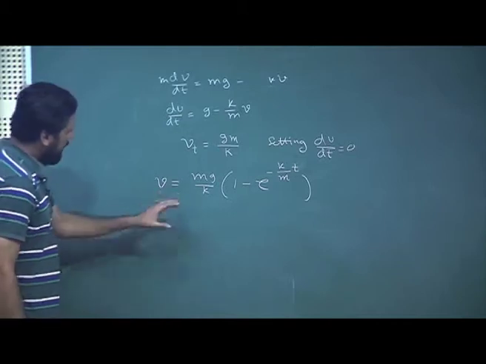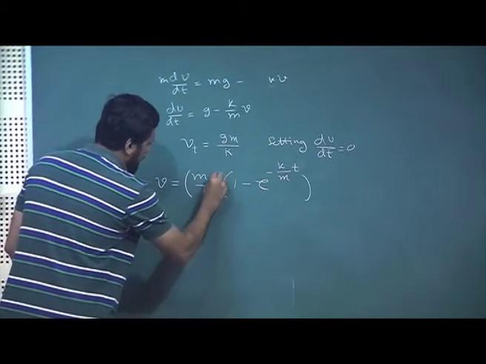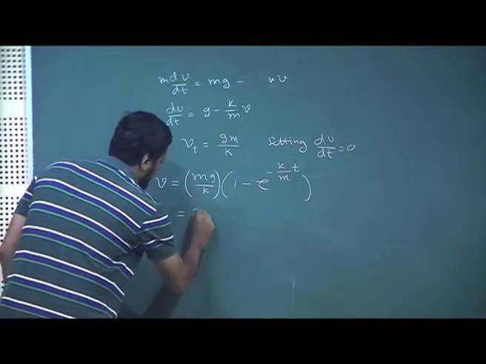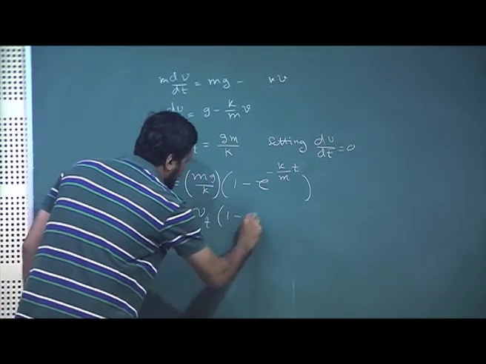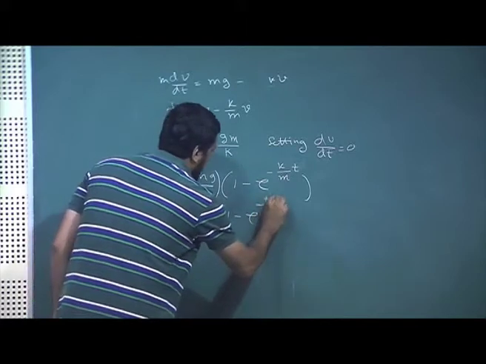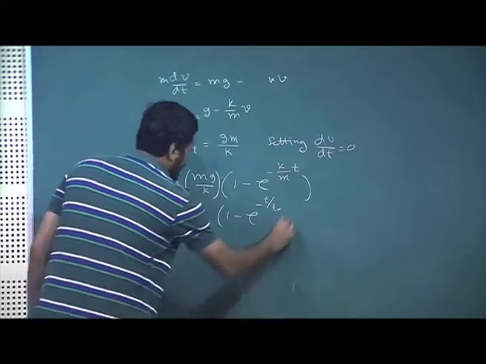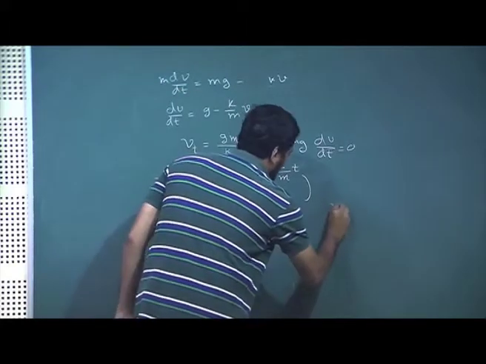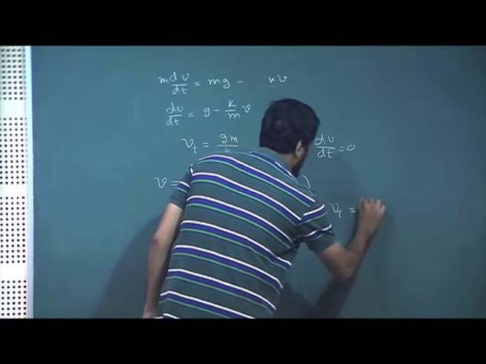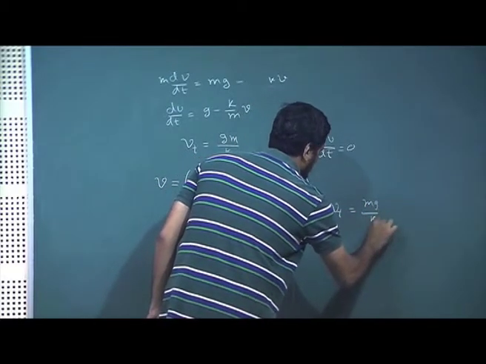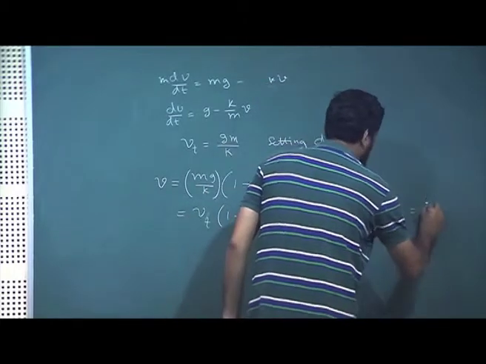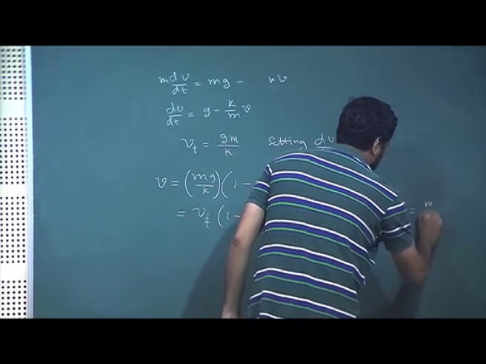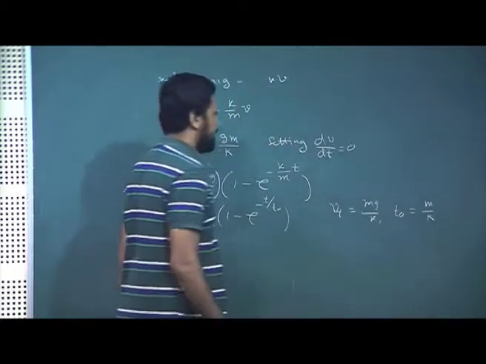So, you see, not only is the terminal velocity modified. Now, if we write this as Vt(1 - e^(-t/t0)), we see that Vt becomes mg/k and t0 becomes m/k.